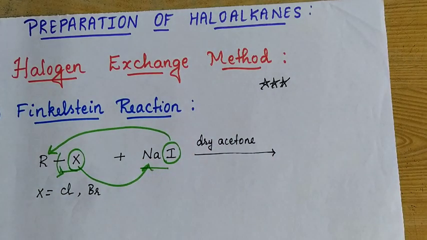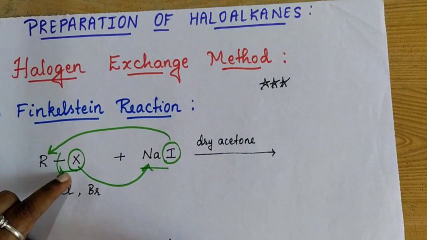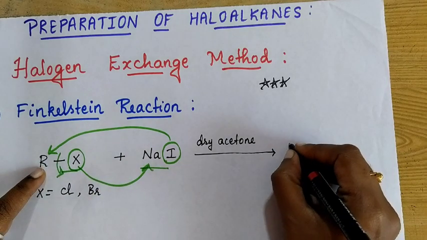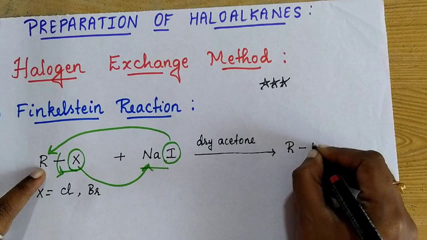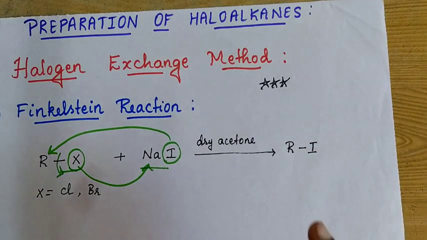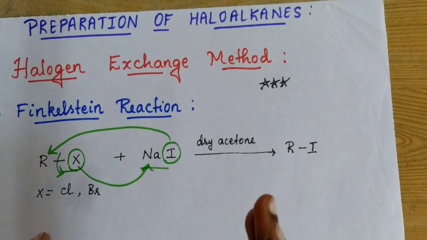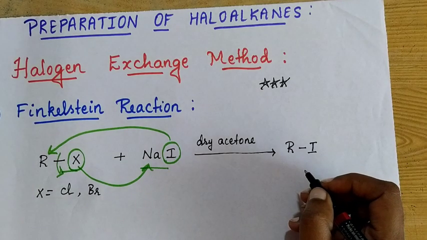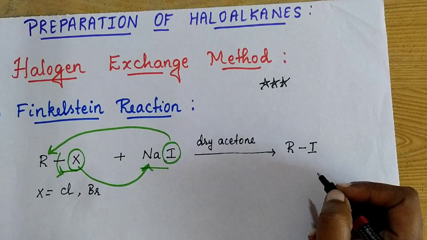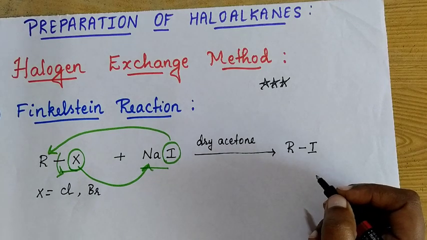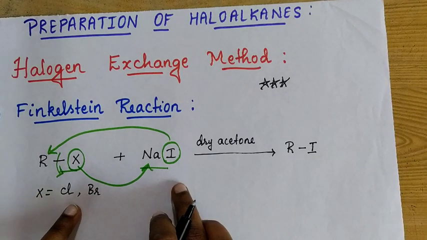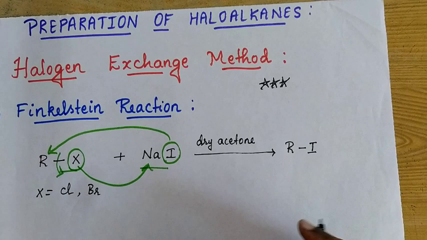Let me write the product now. When the bond breaks and iodine bonds with the alkyl group, we get RI, that is, alkyl iodide. This is a very good method for the preparation of alkyl iodide.